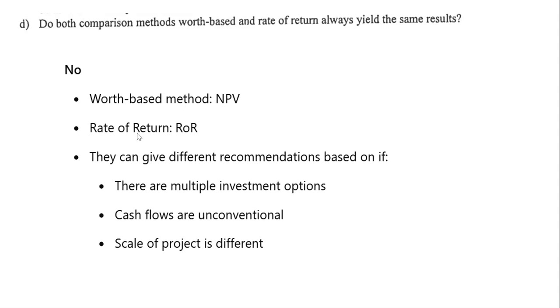The worth-based method, which is NPV, and rate of return, which is ROR, can give different recommendations. This depends on whether there are multiple investment options, whether cash flows are unconventional, and whether the scale of the projects is different. So we cannot say that both of them give the same result.